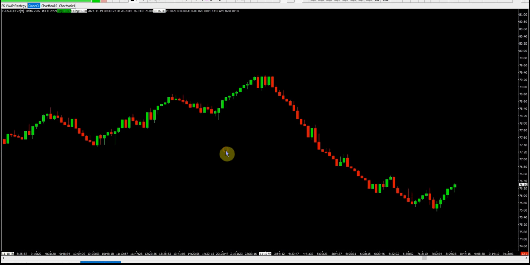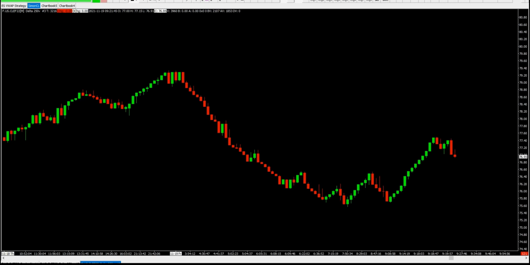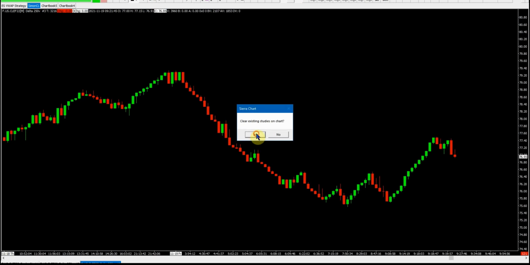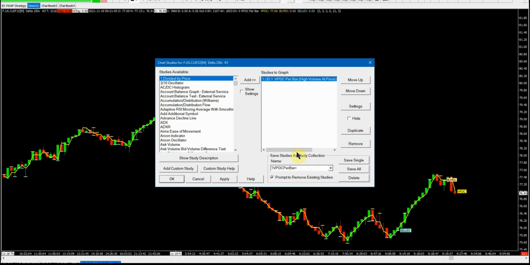So one of the first things I do, I'll put the indicator on the chart, and that is VPOC per bar. It's just my little order flow indicator.